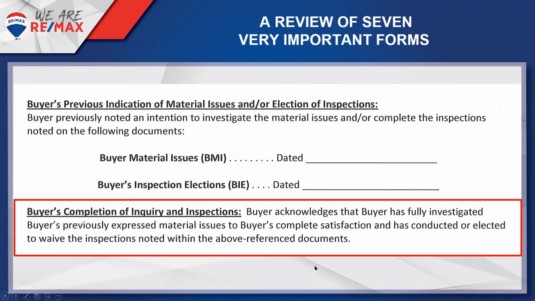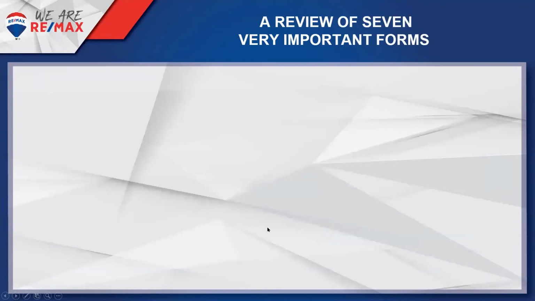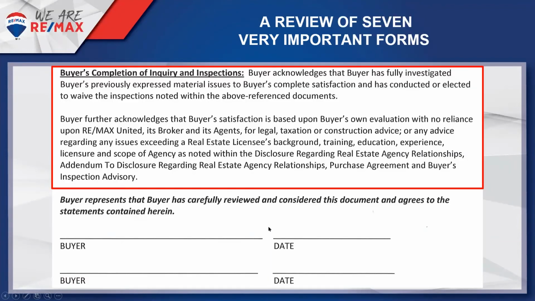And then it goes on to say that the buyer has inquired and inspected those situations. And then it says that the buyer is now satisfied as a result of his investigation, or is waiving his concern and now wants to move forward with the transaction. And then when he signs this, it satisfies any issues he raised with the BMI.